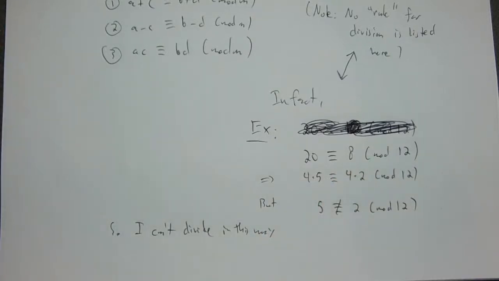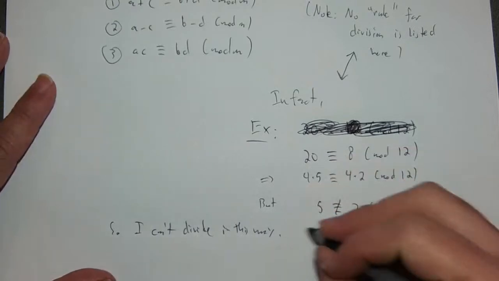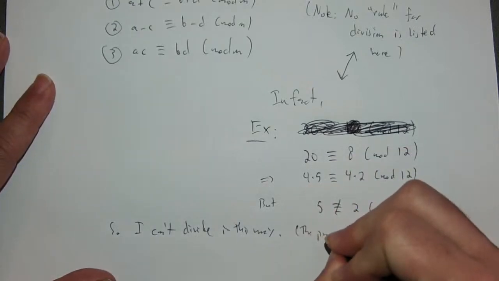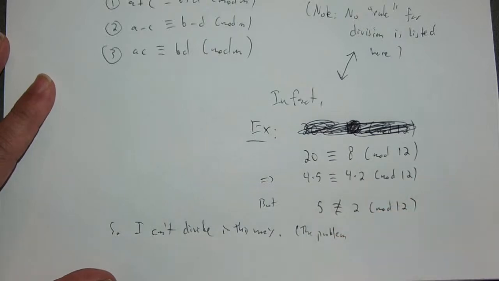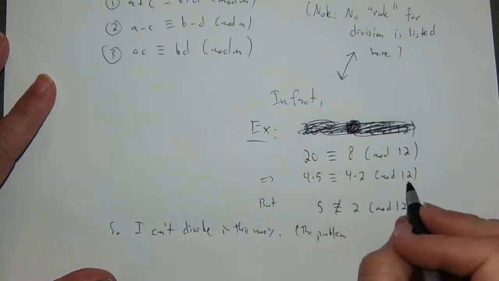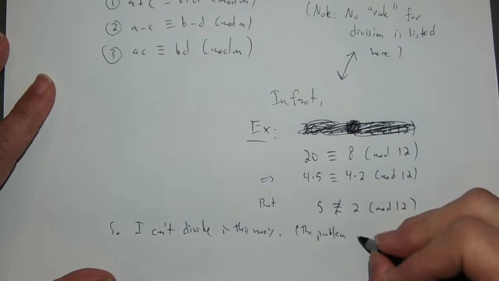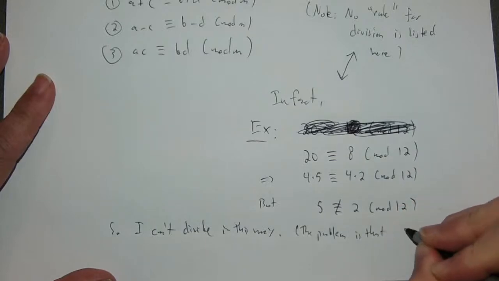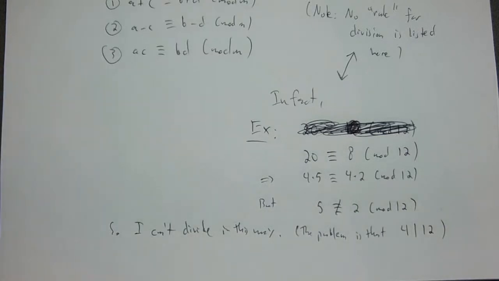Now, it turns out that I can actually divide in a special case, but in this case, I can't do it. And what is the problem? The problem is, you might have guessed, the relationship between 4 and 12. The problem is that 4 divides 12. 4 divides this modulus, and it turns out that that is an issue that prevents this very thing.